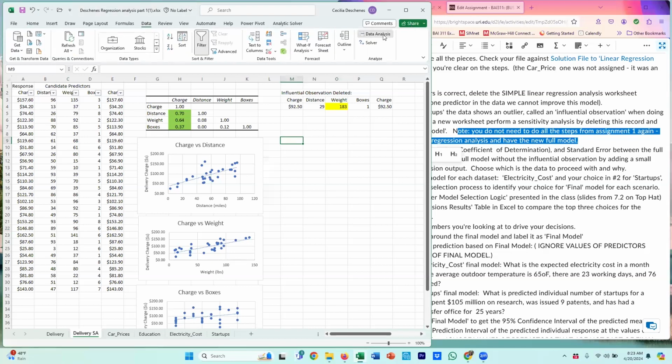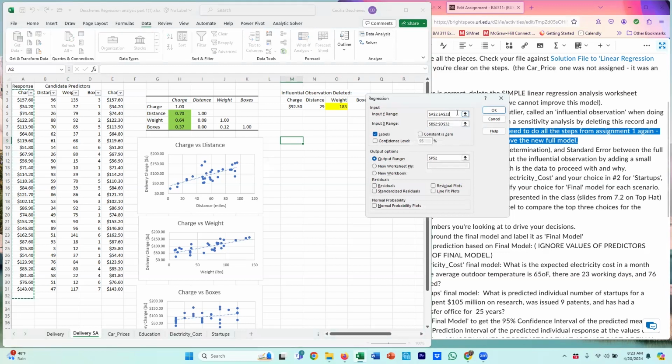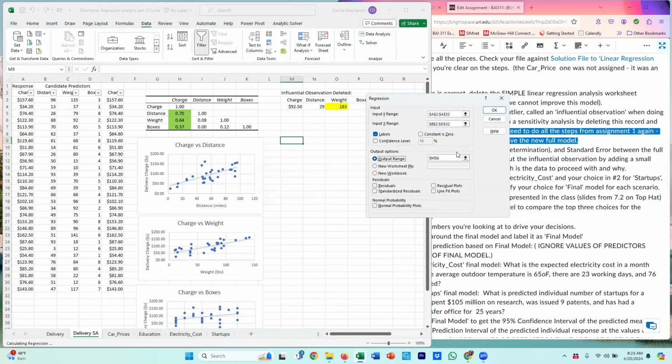So data analysis, regression. I think that blank at the bottom won't hurt anything, and everything else is the same too. So all good, except let's put this somewhere where we're not writing on top of anything. So let me just put that here. Okay. Now, something else got messed up.